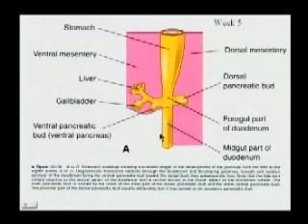Here we are looking at figure 12-10 from our textbook, and we notice the ventral mesentery on the anterior, or ventral, surface of the stomach, and the dorsal mesentery on the dorsal surface. At the junction of the stomach and the duodenum we see the posterior diverticulum, which is the dorsal pancreatic bud.